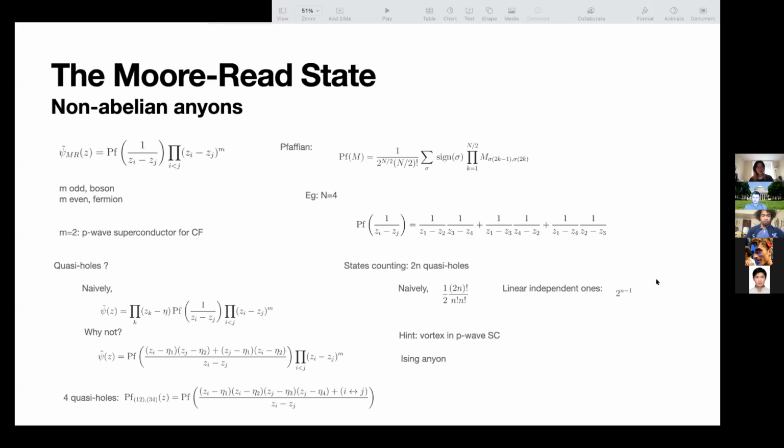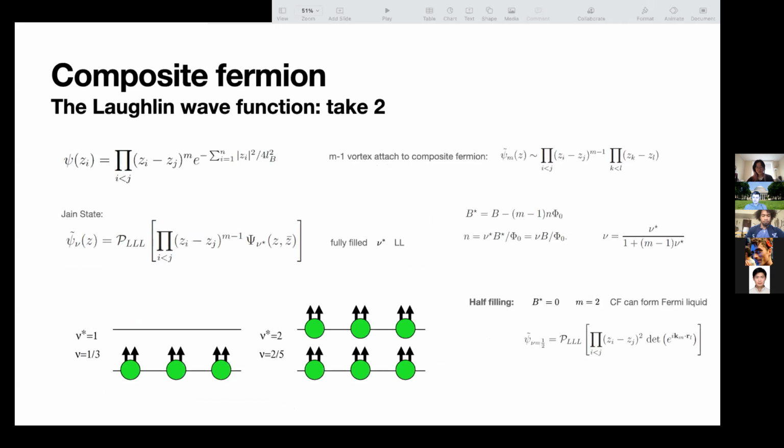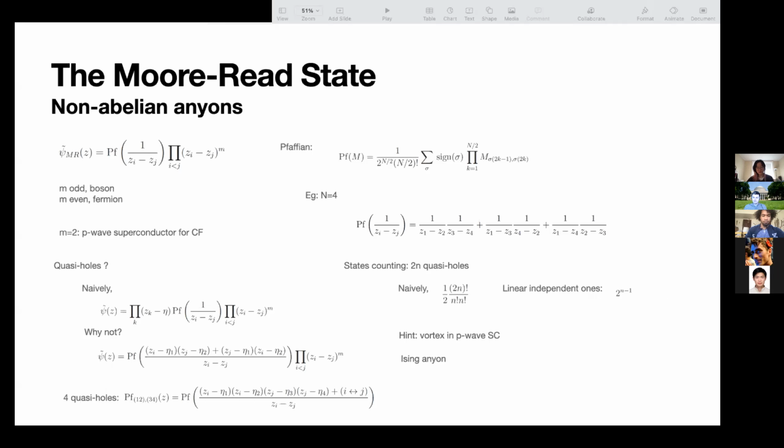By physical understanding, maybe you can think of it in terms of composite fermions.